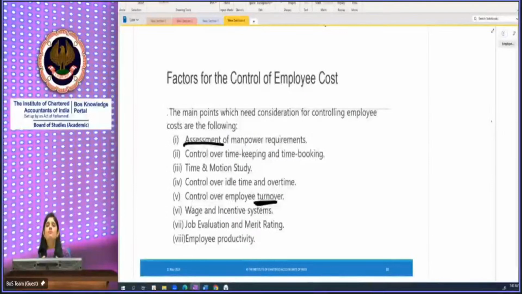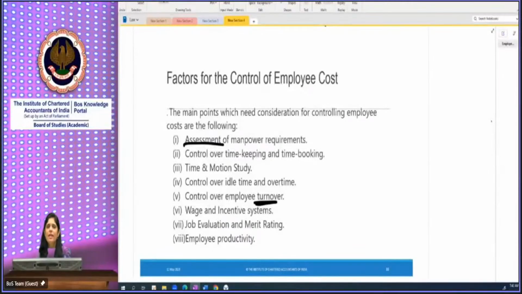We have to have control on employee changing. Not many employees should leave the organization. It carries a cost. A new employee who is joining is going to take time to adjust in the organization. Till that time, he will not be productive. Whenever any employee leaves or joins the organization, it carries a cost.